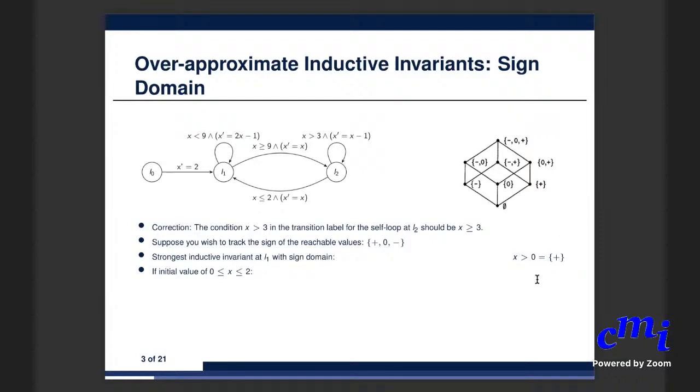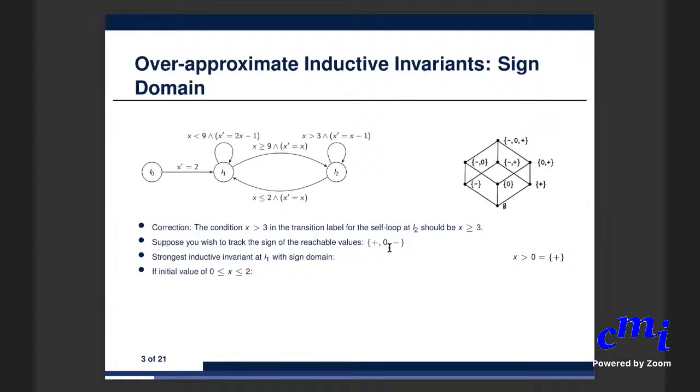But if all you care about is checking the sign, then this domain is good enough. Okay, that is the idea. So if you could derive the strongest inductive invariant in this domain, with respect to the actual domain of integer values, it would be an over approximation.